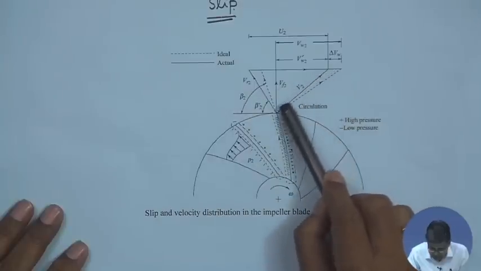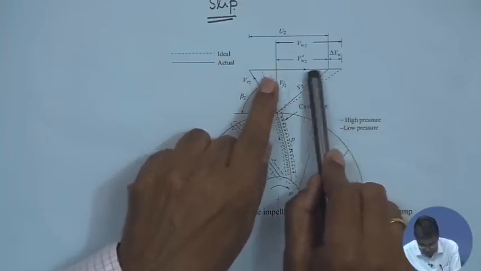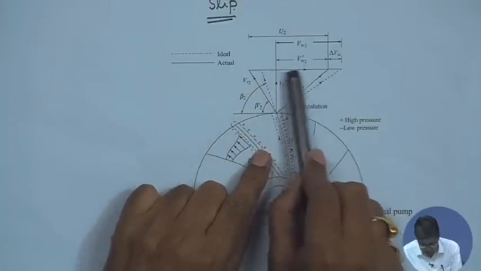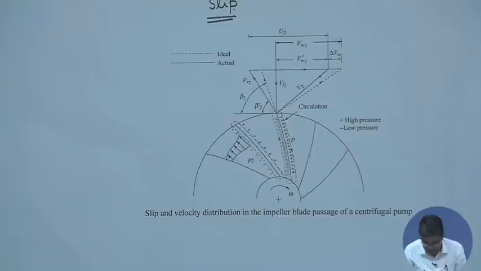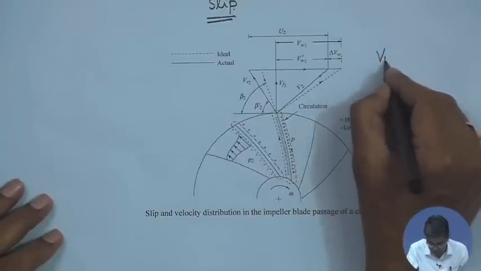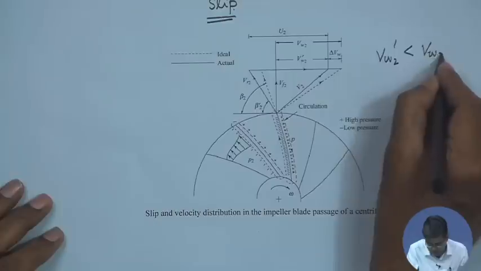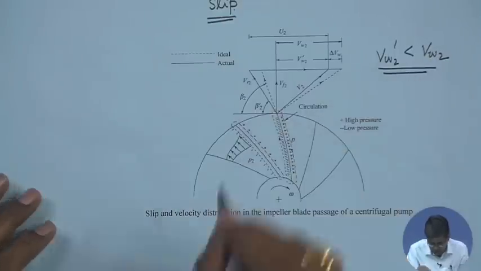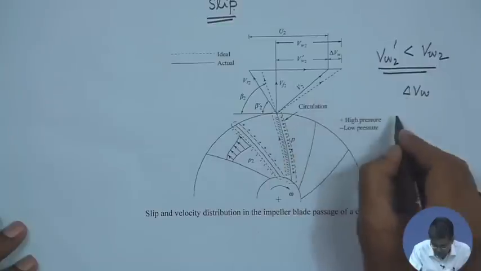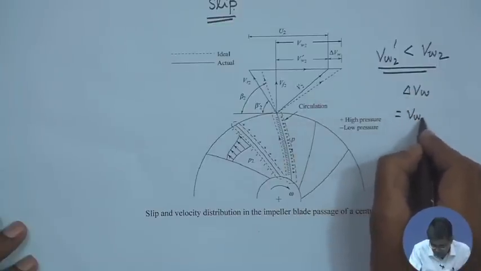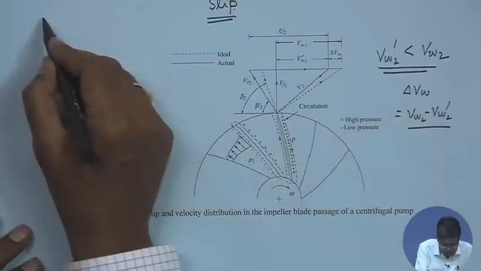So, in that case, if we draw the velocity triangle, we will see that this tangential component is VW2 dash, which is lower than VW2. That means, VW2 dash, the tangential velocity component, is lower than VW2, and this causes the problem, and this delta VW is equal to VW2 minus VW2 dash, that is the difference, this is known as slip.